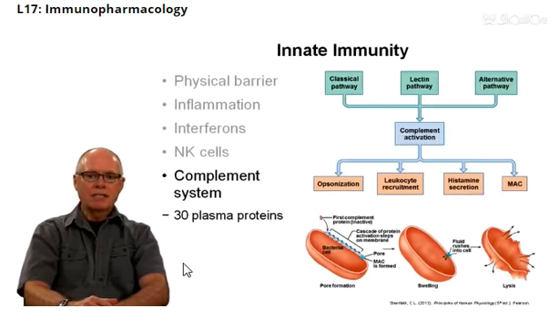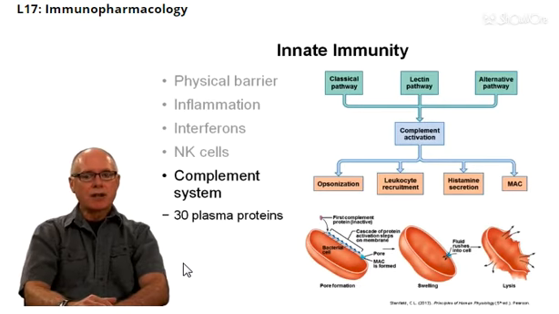The complement system acts as part of the innate and adaptive immune responses, depending on the presence or absence of antibodies. The complement system consists of 30 plasma proteins that destroy invading microorganisms, such as bacteria, and it can be activated in 3 ways. The first is through binding to antibodies that are attached to the bacteria.